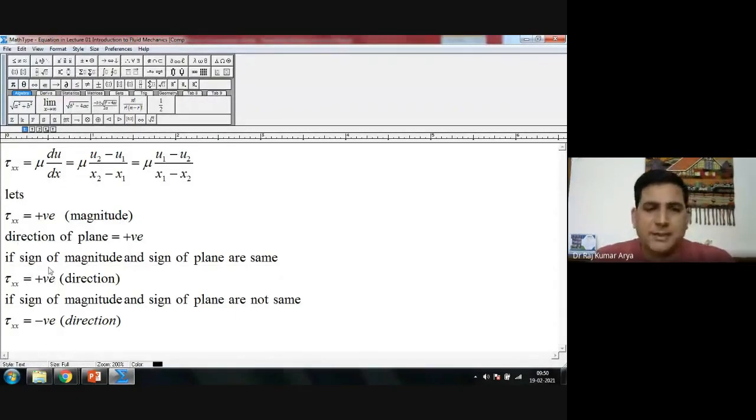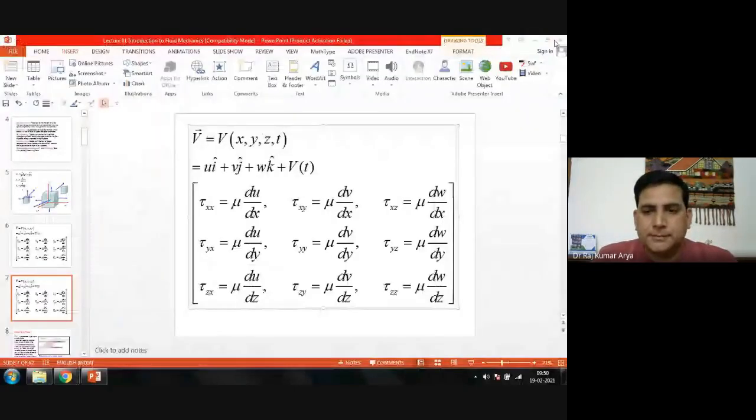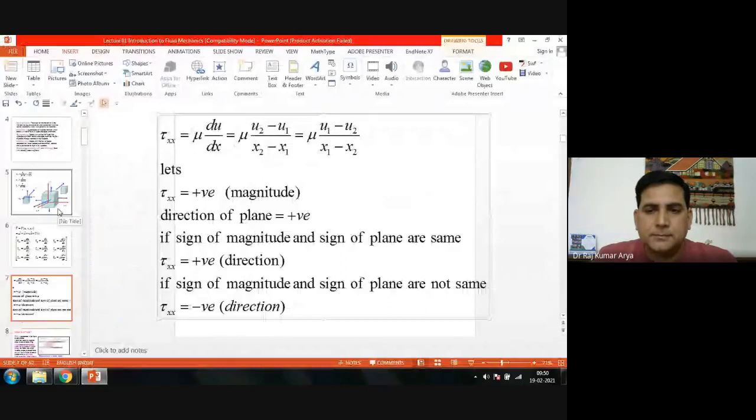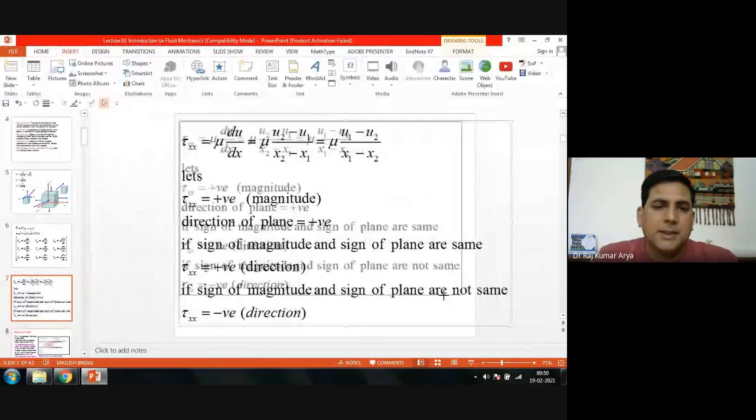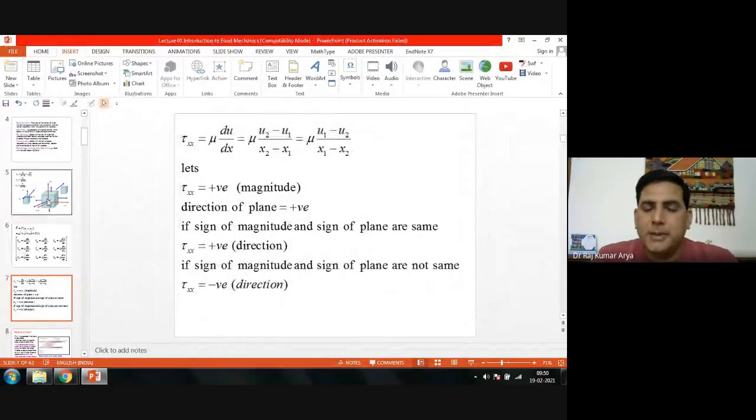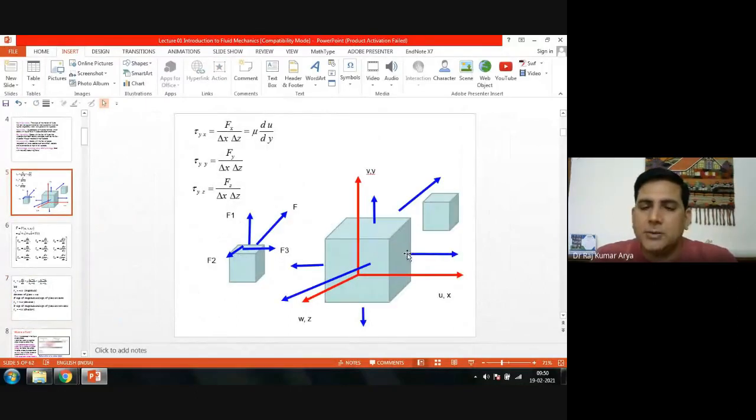Now, can you see when it will be plus and all this? Let's go back to our figure. Let's say we are on this plane here. In this case, your plane is plus x, because the perpendicular will go to the x side.